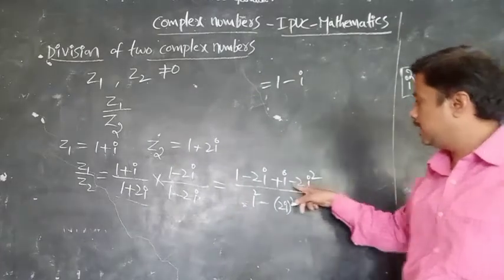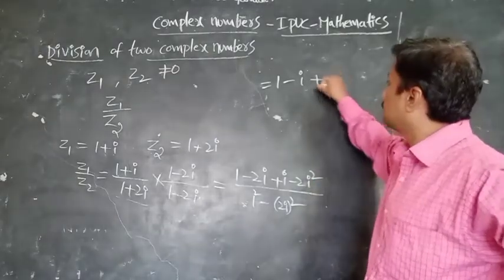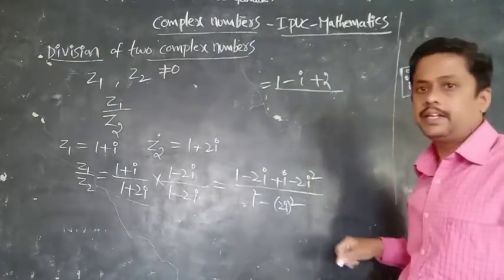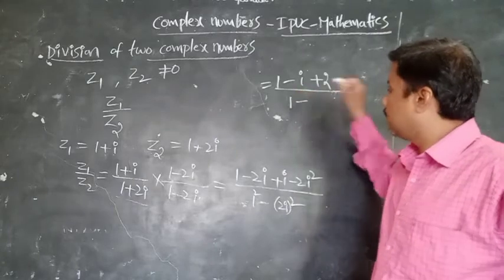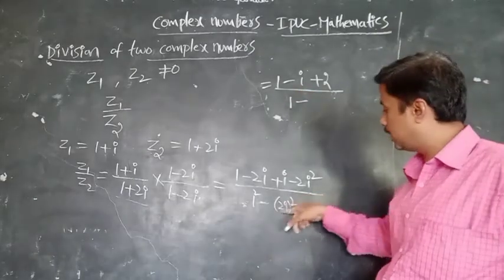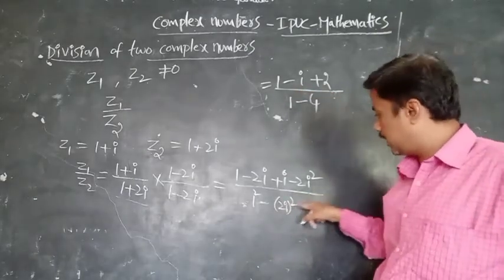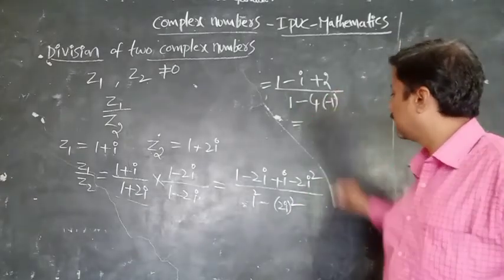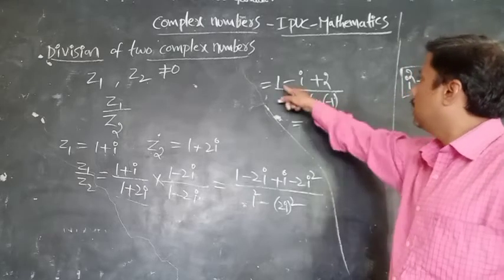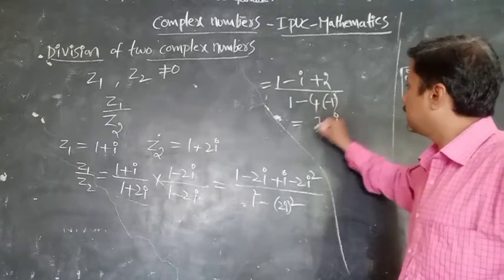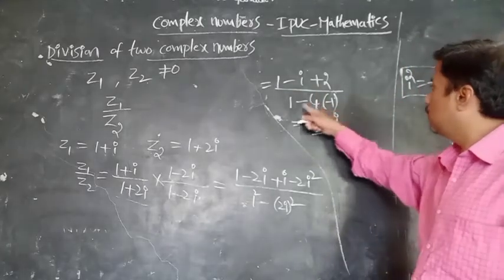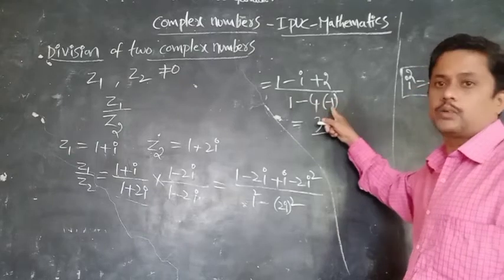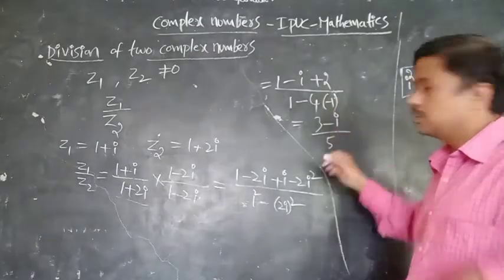So minus 2 into minus 1 is plus 2, divided by 1 square minus 4 i square, which is 1 plus 4. Now simplify: 1 plus 2 is 3, minus i, divided by 1 plus 4, which is 5.